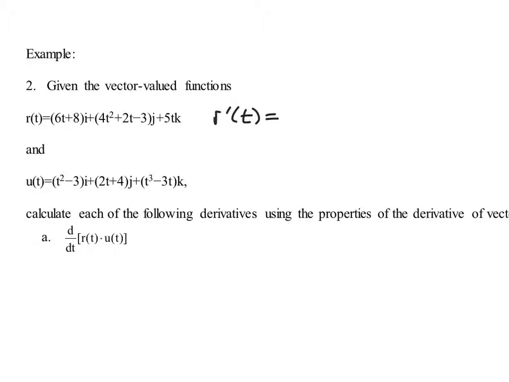And at least to get us started, I tried to include things that were relatively simple. No trig or anything like that. Some linear functions and stuff like that. So we're looking at 6i plus (8t plus 2)j and then plus 5k.